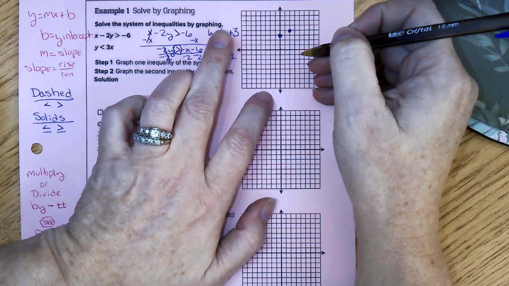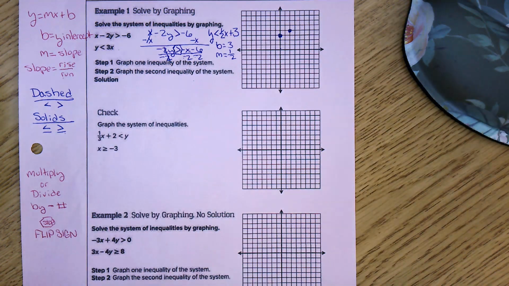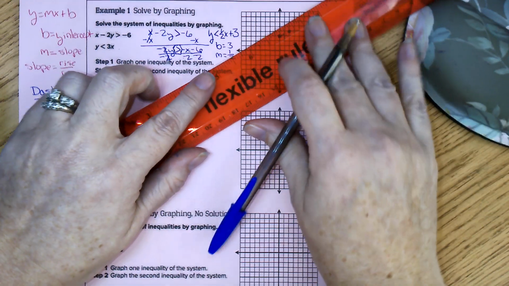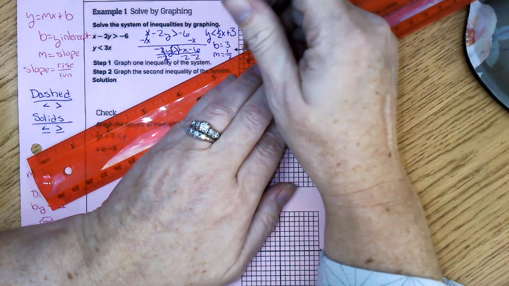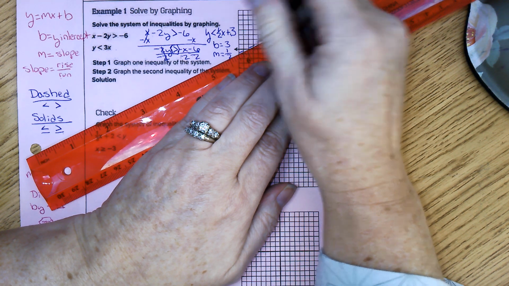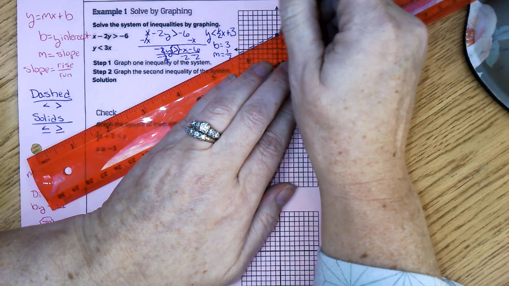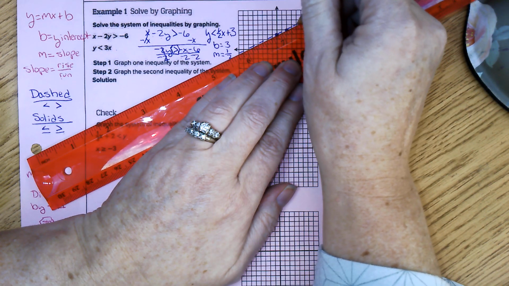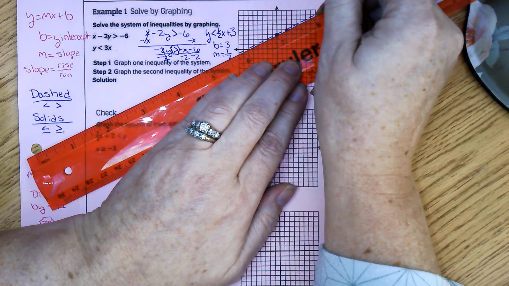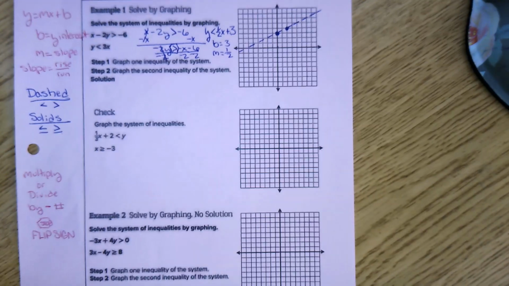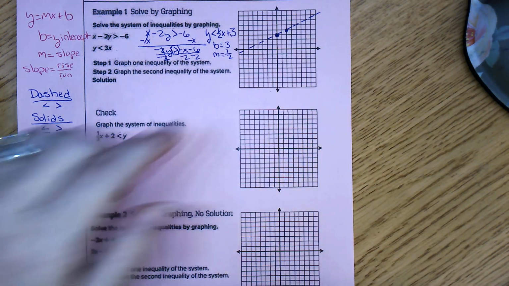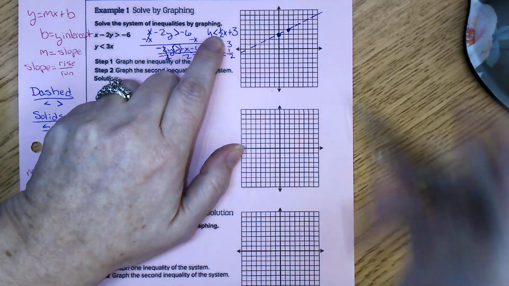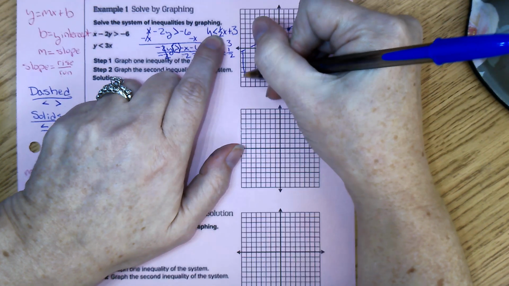Based on our symbol, we are going to have a dashed line, so let's dash that line. Now remember, if y is greater than, we shade above. If y is less than, we shade below. In this case, y is less than, so we are going to shade below.